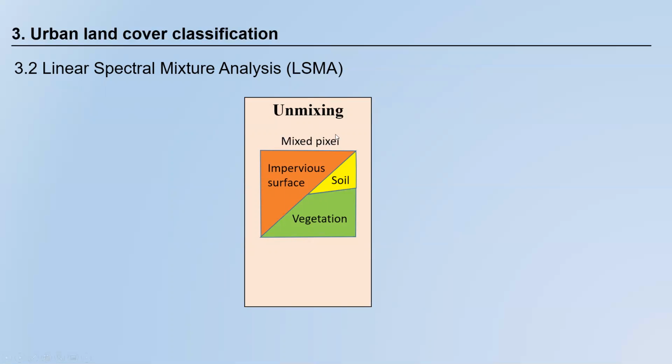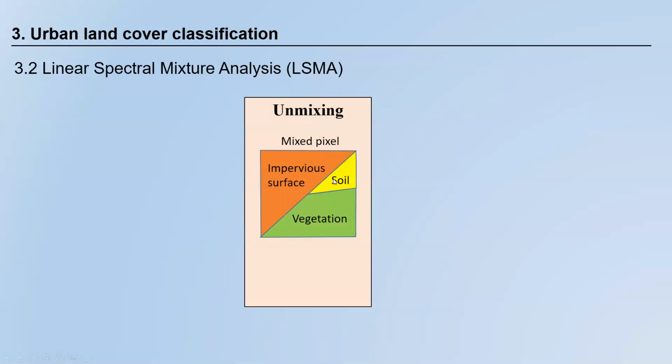And we call this pixel a mixed pixel because there are more than one land cover type within this pixel. If this pixel is completely occupied by impervious surface or soil or vegetation, we call it a pure pixel. And for a pure pixel, it's not necessary to unmix it because there is only one land cover type.